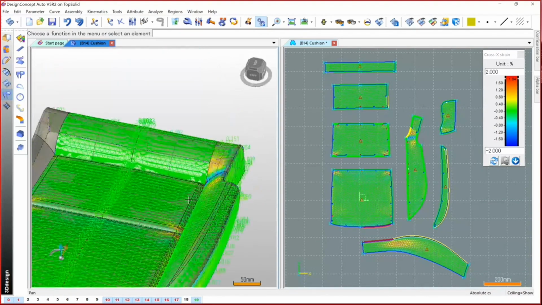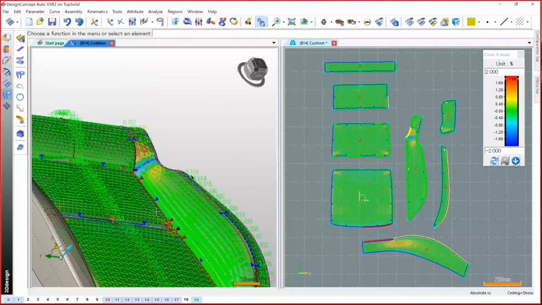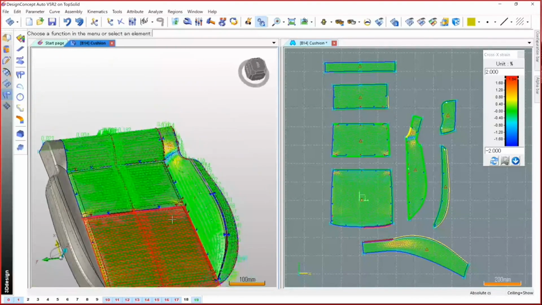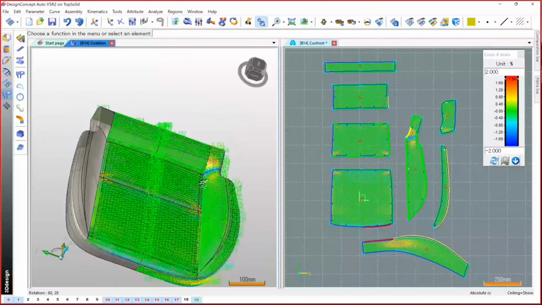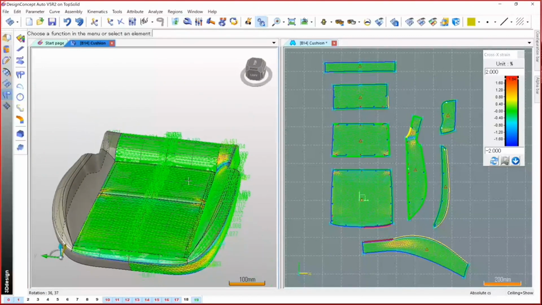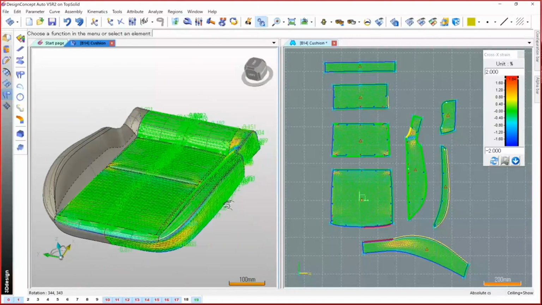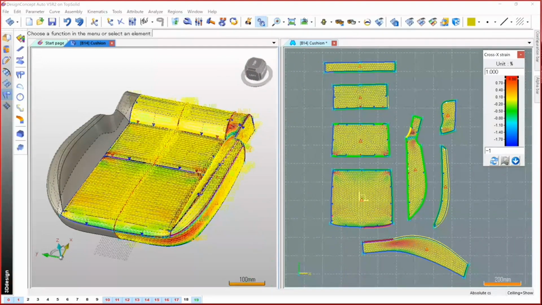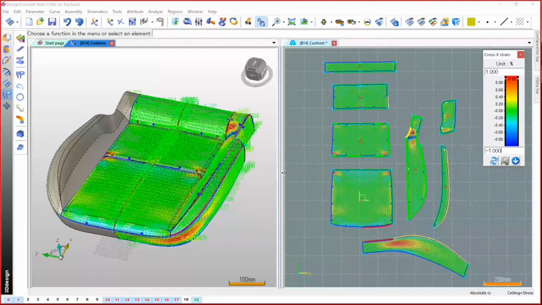Those things are not considered in the analysis. But the tendency of the design should be very similar, so this can be used as a preliminary consideration for your designing.